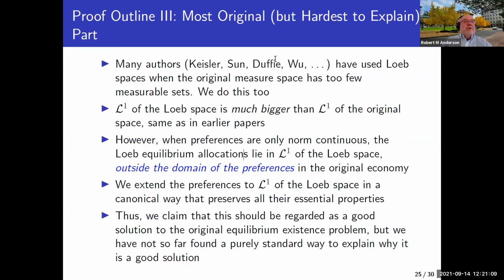And we have to end up defining our preferences over a larger collection of measurable allocations than they are in the original model. And we argue that we do that in a justifiable way. And we argue that this is a good solution of the original equilibrium existence problem, but we don't have a purely standard way to explain why it's a good solution.